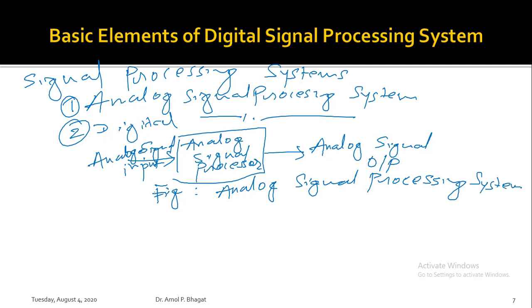So in an analog signal processing system, the original analog signal will be given as an input. The analog signal processor will perform certain operations on the given analog signal and it will produce the output in analog form.